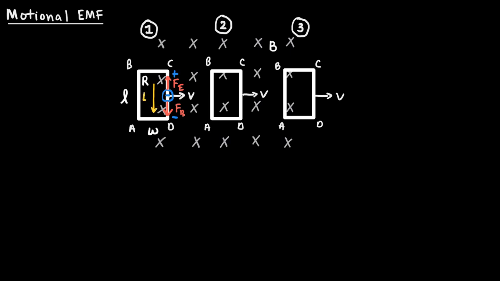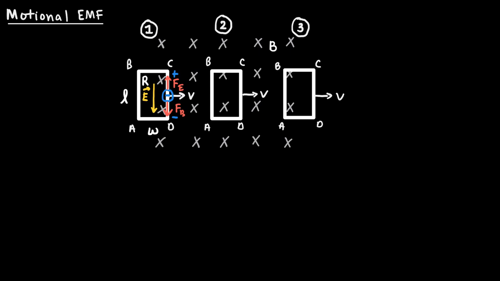And so the electric field along the segment CD is directed downward because the electric field points in a direction that a positive charge would feel a force. By consequence then, a negative charge would feel an upwards force, and that's that force vector Fe, the force from the electric field that I'm drawing on the electron.